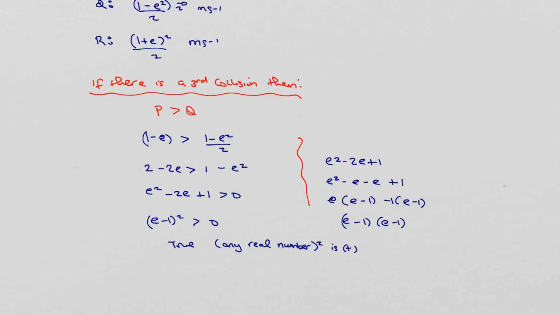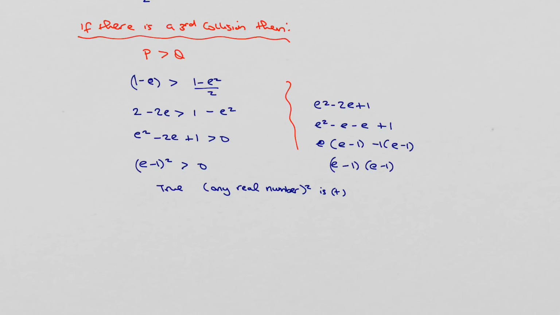Okay, so therefore, what must e be? When will this actually be true? When will P's velocity be greater than Q's velocity? Well, if I look at these factors over here, that means that e must equal 1, right? So if I sketch that as a positive quadratic, because it's a positive coefficient there for e squared, it only touches the x-axis once, at 1, so it has one repeated root.